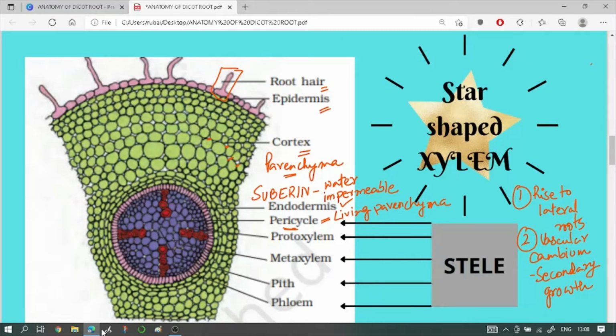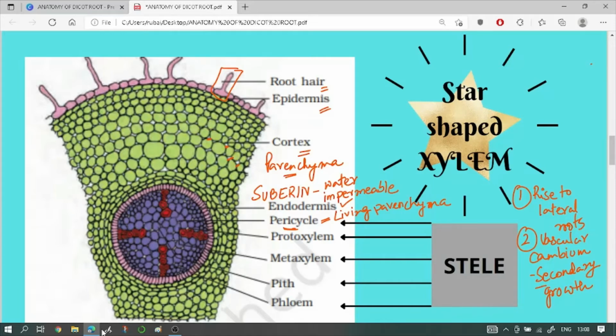So the pericycle has two very important functions: it gives rise to the lateral roots, and it helps in the formation of the vascular cambium and eventually will help in the secondary growth.